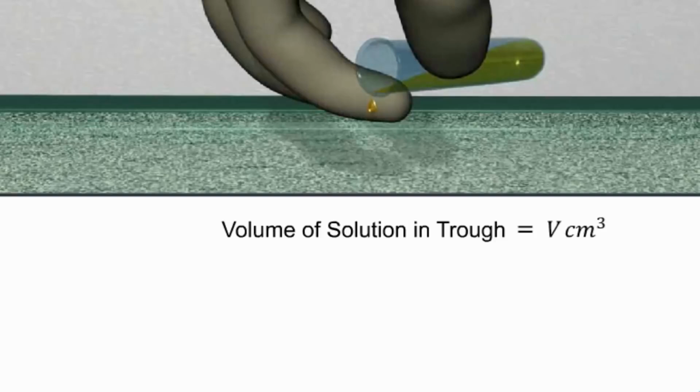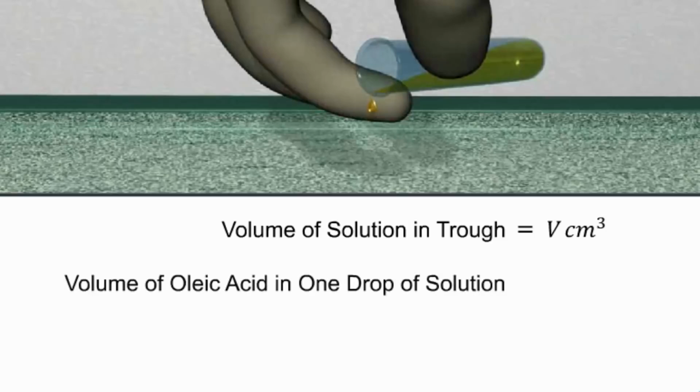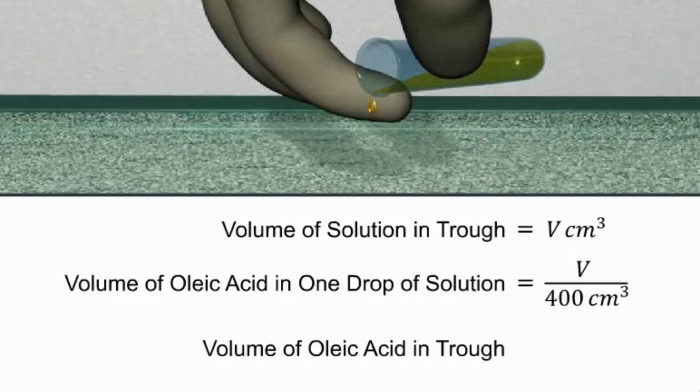As the concentration of oleic acid is 1/400 in the solution, the volume of oleic acid in each drop of the solution is V/400 centimeter cube. Since only 1 drop of solution is put in the water, the volume of oleic acid on the thin film is equal to the volume of the drop, that is, V/400 centimeter cube.